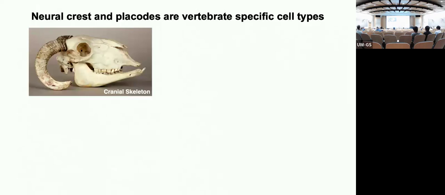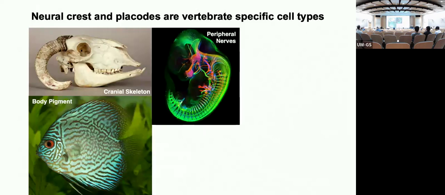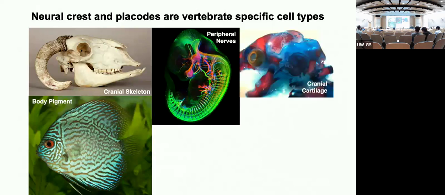And neural crests are an amazing cell type. They produce most of your cranial skull vault, as well as the majority of the pigment in your body, all of your peripheral nervous system, and the cranial facial cartilage of your head, so your ears and your nose.